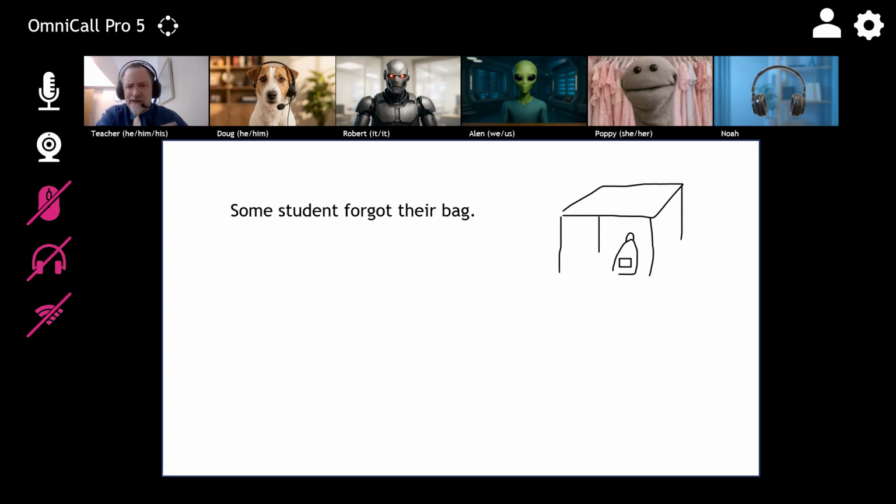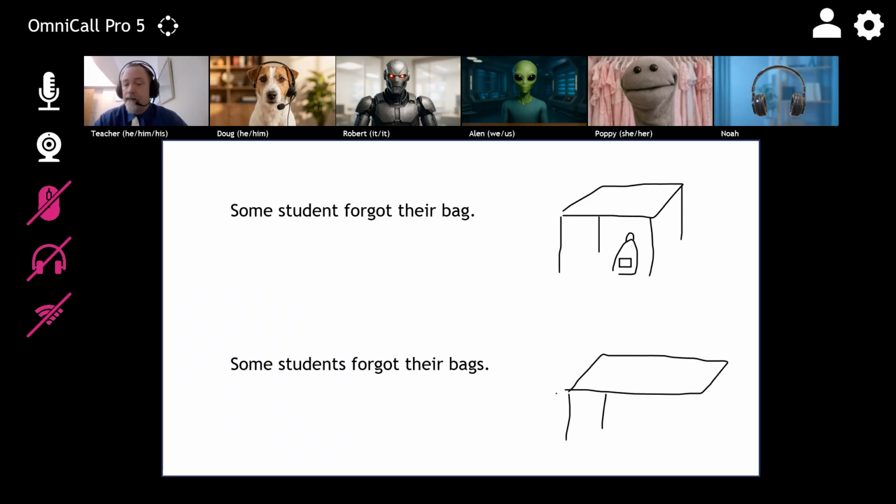This has absolutely nothing to do with the rule of known and unknown, and it's amazingly simple to show why. Let's make it 2 bags. Here I have some students forgot their bags. Now, according to the book, if we don't know, we should be using singular.